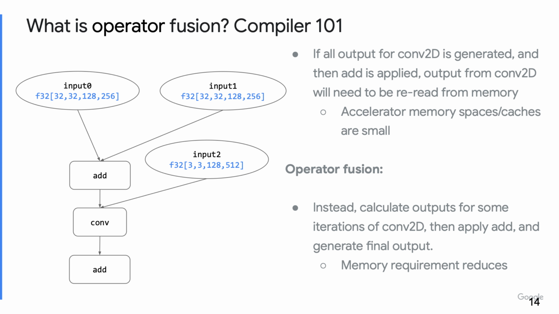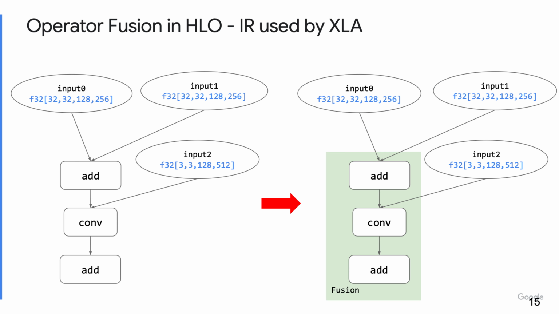And that's bad because the one thing that I mentioned before was that we want to have a critical path which is filled with only MXU operations, because that's the best way to get performance. So how do I hide that? I fuse all of them into this green box and make the con the lead operation. That is, the con's iteration space drives the work in this particular box.